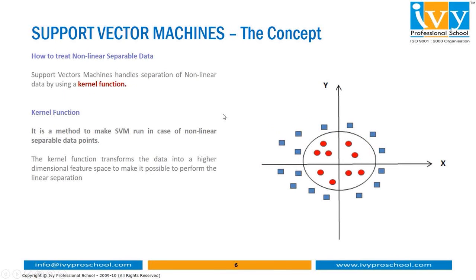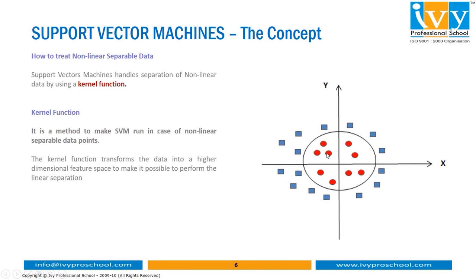So support vector machines handle this kind of non-linearity, whereas a regression or a logistic regression basically tries to work on linear features, right? But a support vector machine also has the capacity of handling non-linear dimensions of my independent variable through a kernel function.